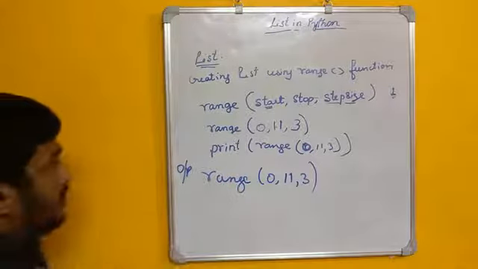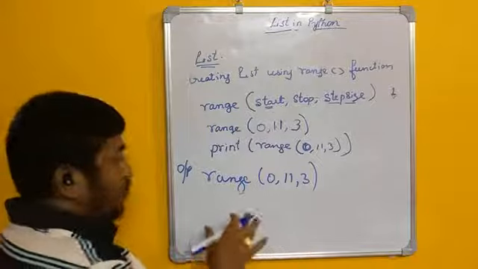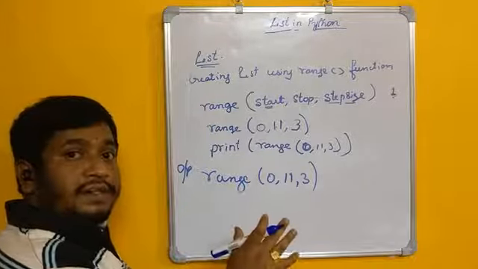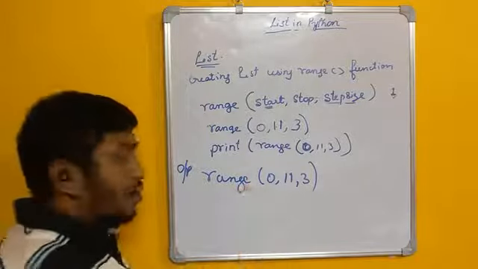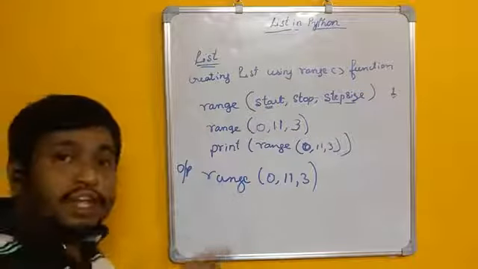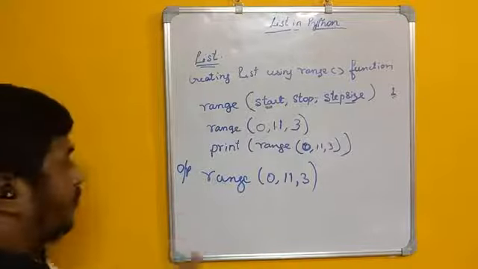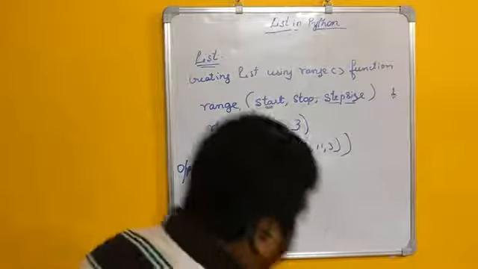It will not print the numbers because range is an object. Range will create the sequence of elements, only create and store. If we want to print those numbers, we have to use this range with a list, or we have to use that in a loop. We will see how we will use that.